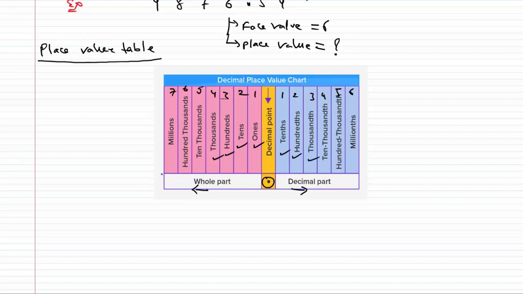In the whole part, each place to the left is base or radix times greater than the place to its right. That is, as we move from right to left, the place value increases 10 times with each place.